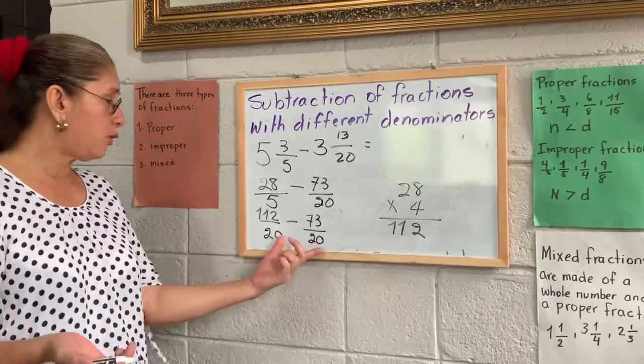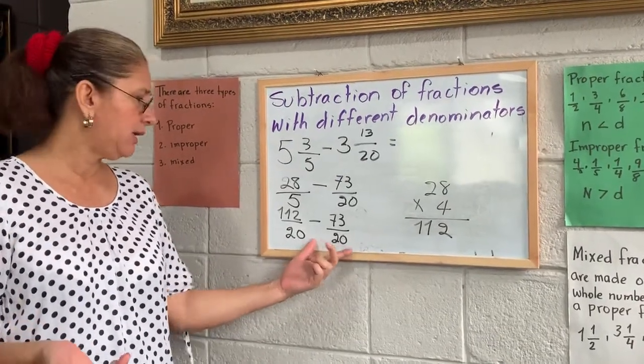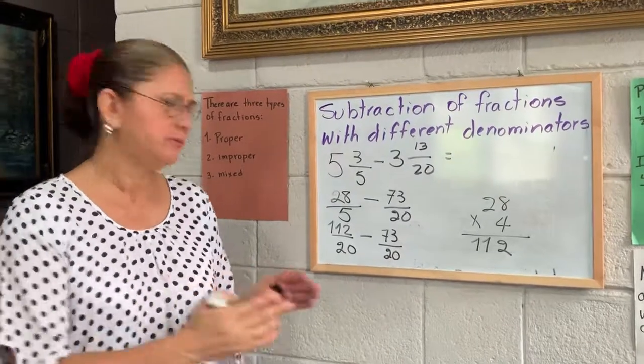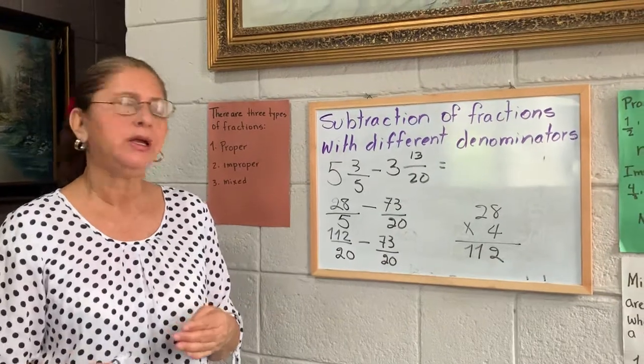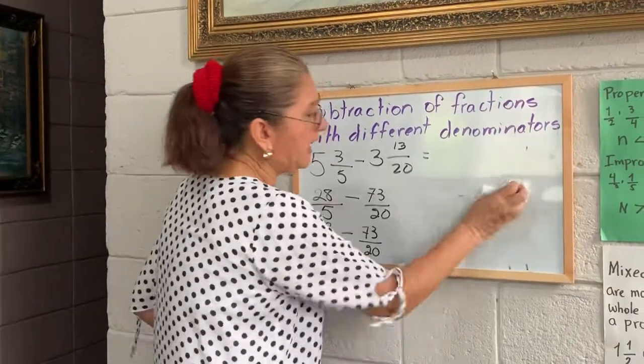Then what is the next step? Because we have two fractions with the same denominator, now we can subtract, following the same procedure you follow when you subtract fractions with like denominators.